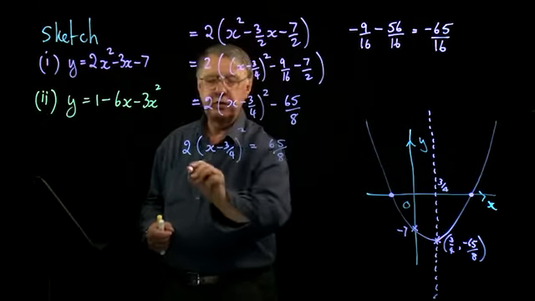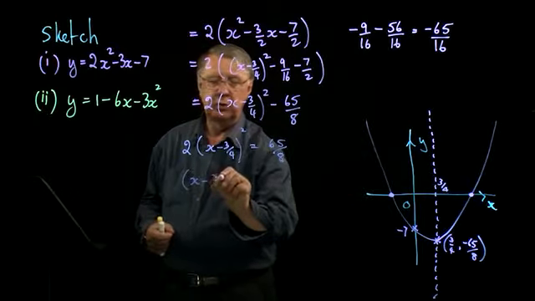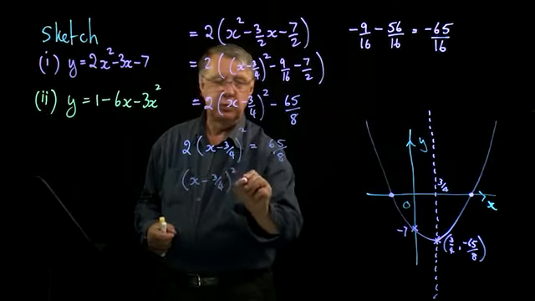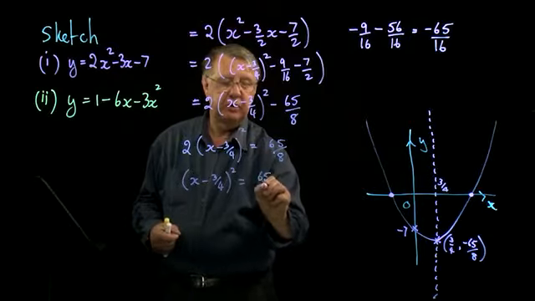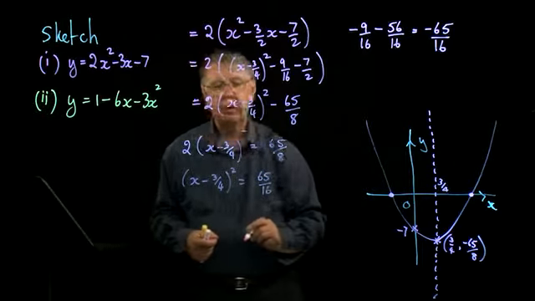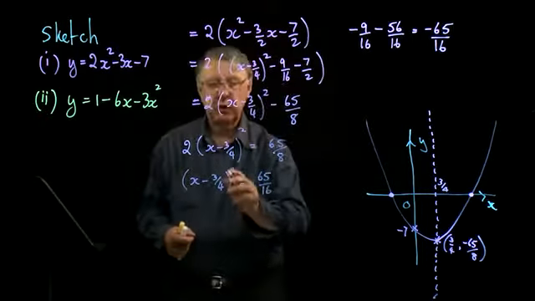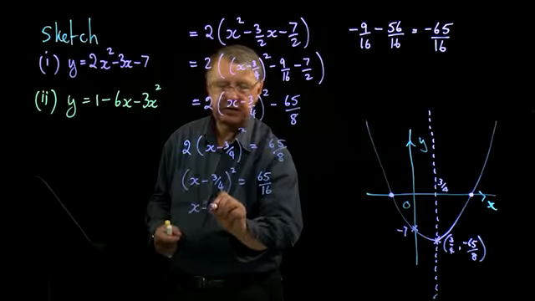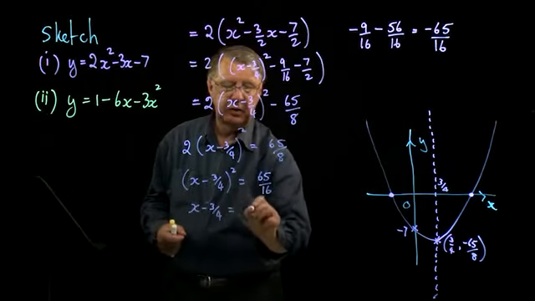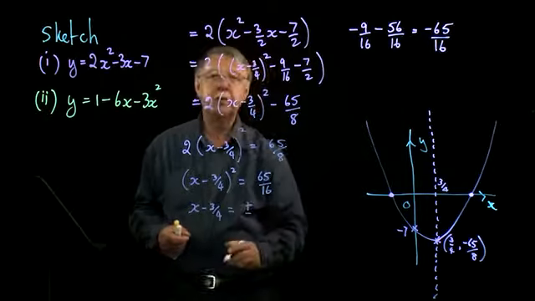Divide by 2, which is 65 over 16. Then take the square root of each side, so x take 3/4, and remember the plus or minus.